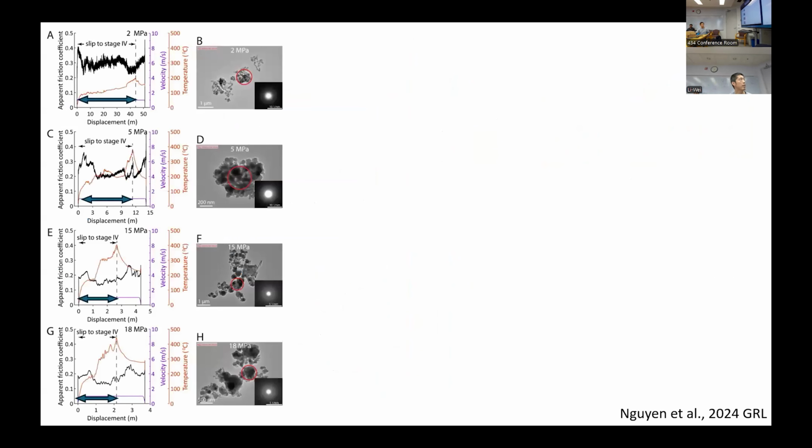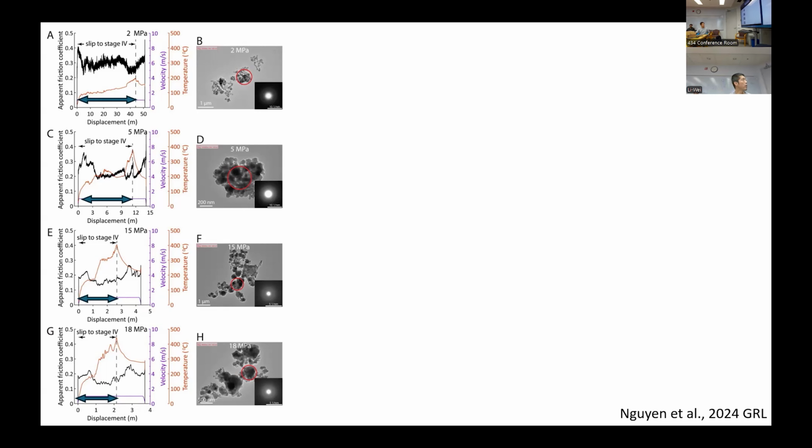And the second thing is we try to know if normal stress influences the frictional behavior or the process. So we do different normal stresses from 2 megapascal, 5, 15 to 80, because we have a pretty good sample holder, and we determine all the products.